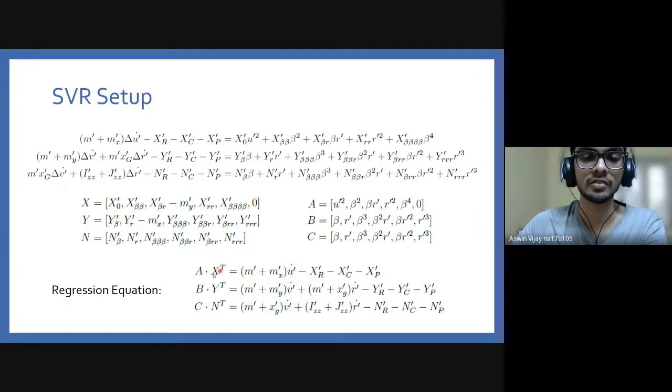And my goal is to find X, Y, and N matrices. This is to be done using support vector regression. I will feed in values that I get from the test and construct these matrices, then regress out X, Y, N vectors. And X, Y, N vectors will contain the hydrodynamic coefficients.